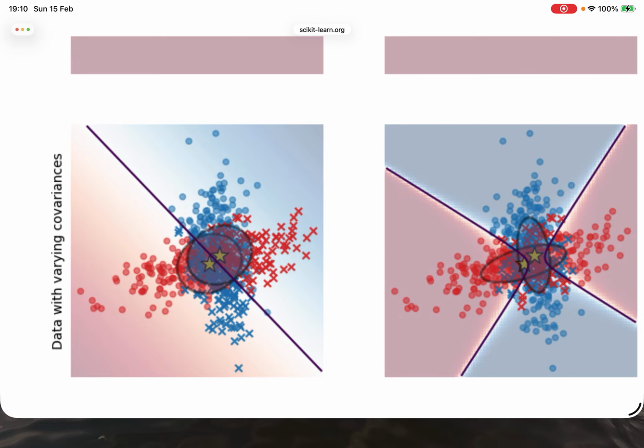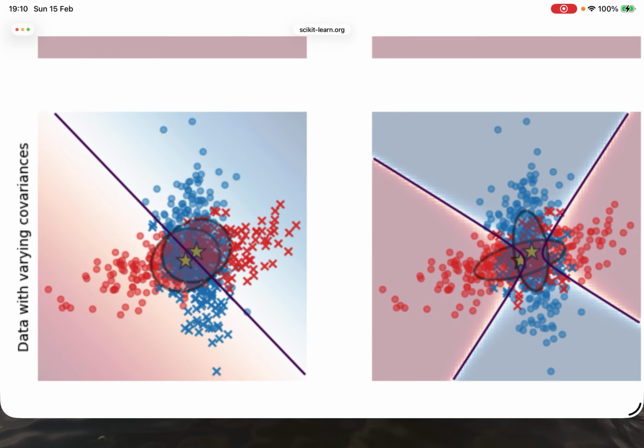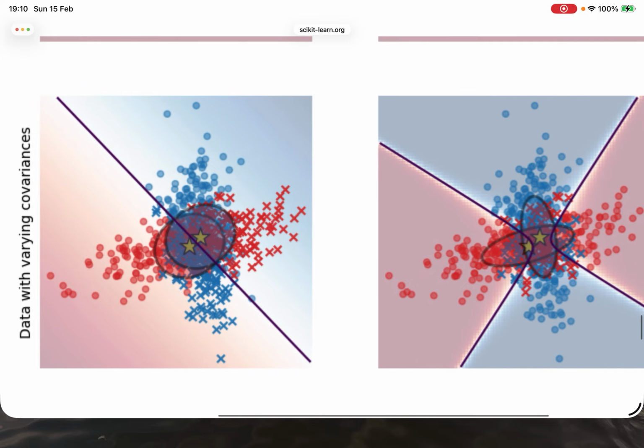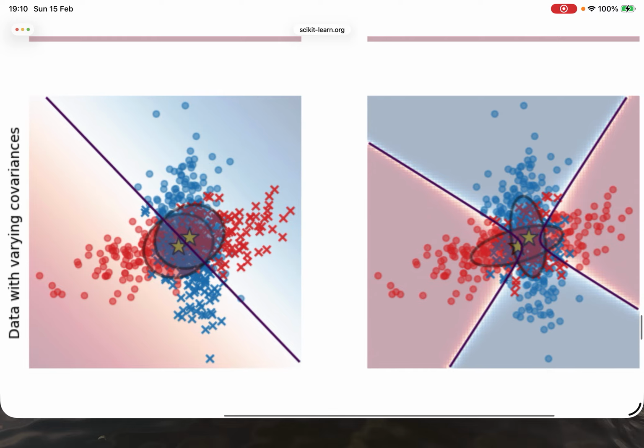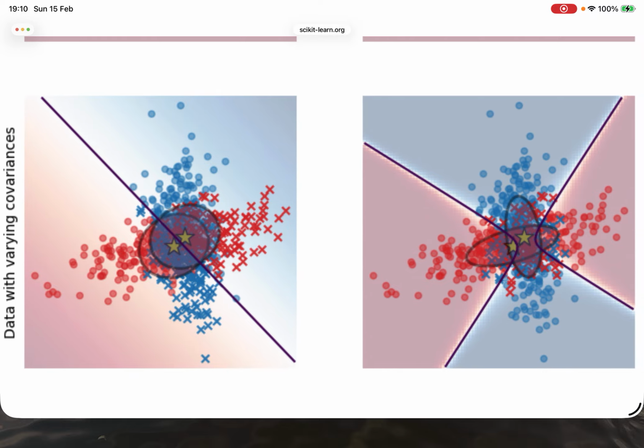So here you can see that LDA and QDA are making totally different decisions, especially when your data distribution does not fit their assumption, especially in the case of LDA. But QDA has the freedom to model the covariance matrix sigma C differently for each class. That's the reason why it gives you a different result.